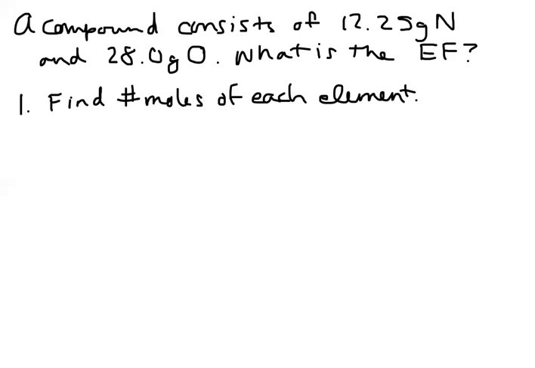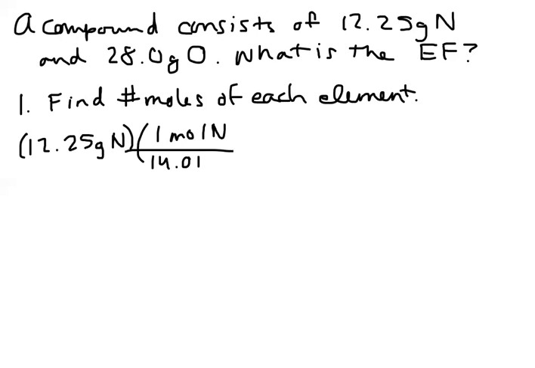So you're going to start with 12.25 grams of nitrogen, and for every 1 mole of nitrogen, that weighs 14.01 grams. And that's going to give you 0.874 moles of nitrogen.